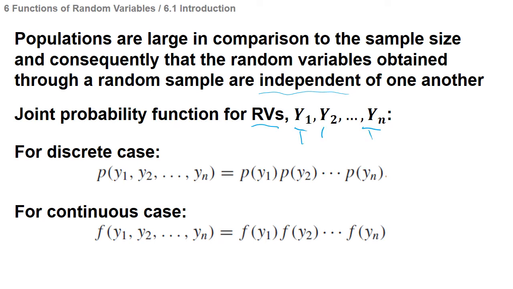For the discrete case, since all y1 to yn are independent random variables, the joint probability function p of y1 to yn can be derived as p(y1) times p(y2) times ... times p(yn). And for the continuous case, the density function f(y1 to yn) can be described like this: f(y1) times f(y2) times ... times f(yn). Okay.